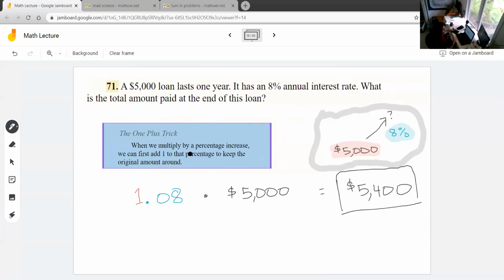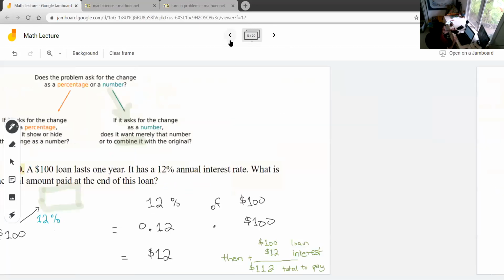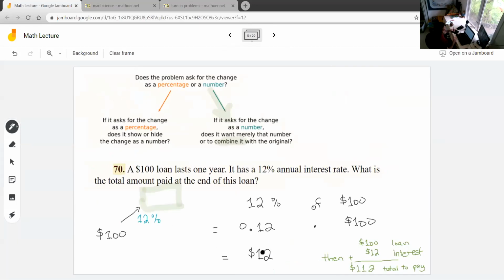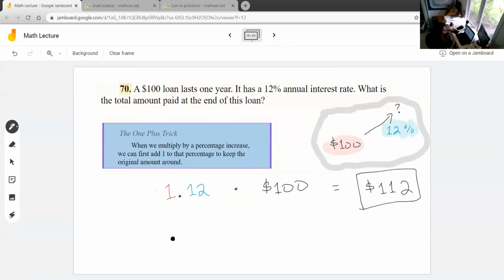So you don't have to do this. There's nothing wrong with finding the change as a number and then adding it back onto the original as a second step. It's just a little bit faster to use the 1 plus trick. It's very easy to just put a 1 in front of a decimal, and then you get your answer in one step.